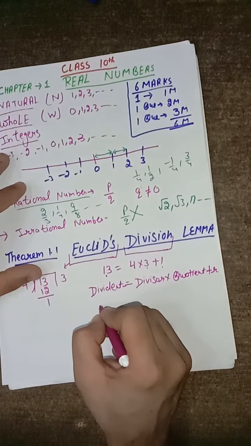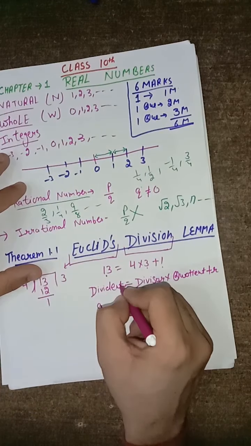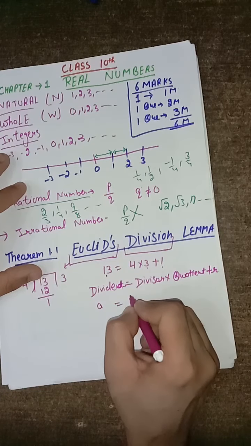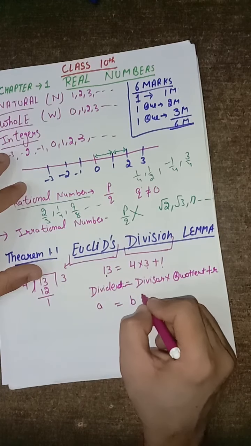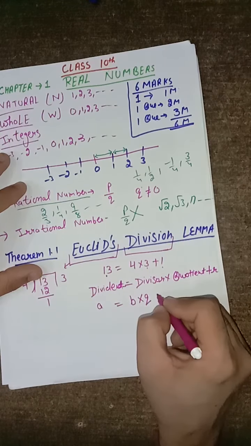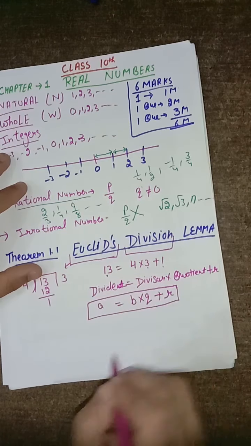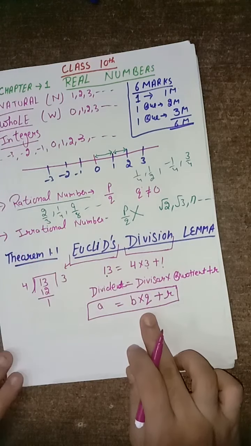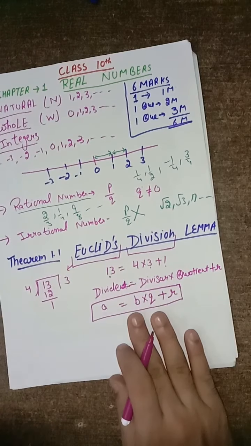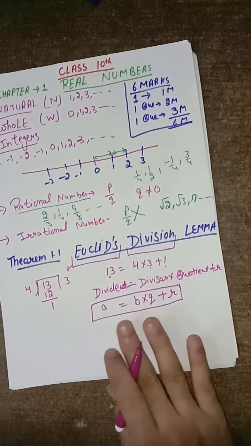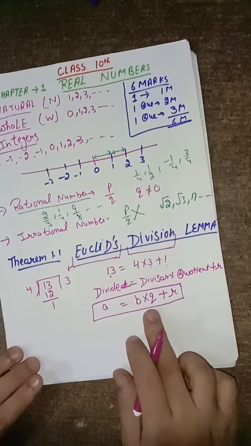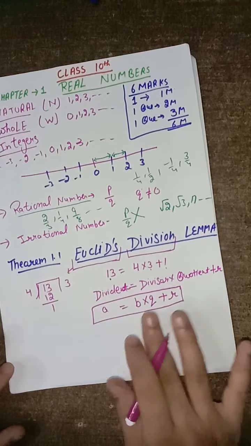If I denote this with symbols, that is dividend is denoted by a, divisor by b, quotient by q, and remainder by r, then a equals b into q plus r. This is the general form of division. Now what is the meaning of lemma?